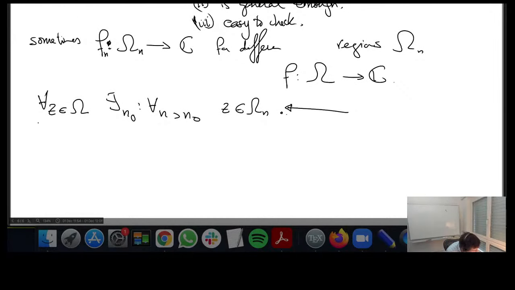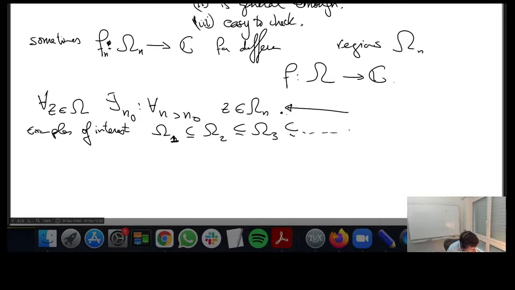And in fact, the examples of interest, you should think of the omega_n's as being omega_1 inside omega_2, inside omega_3, and so on. Again, omega is just the limit of this, so it's just a union for n from 1 until infinity of omega_n.